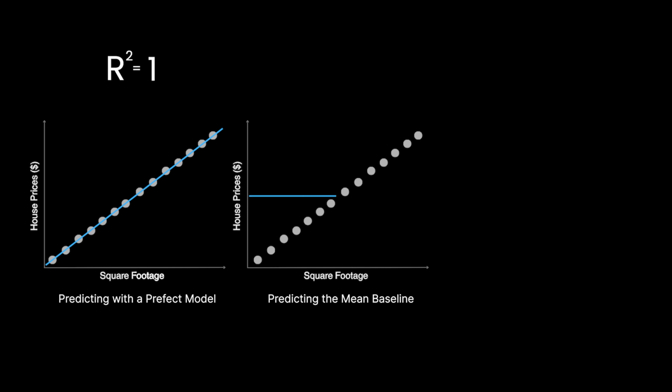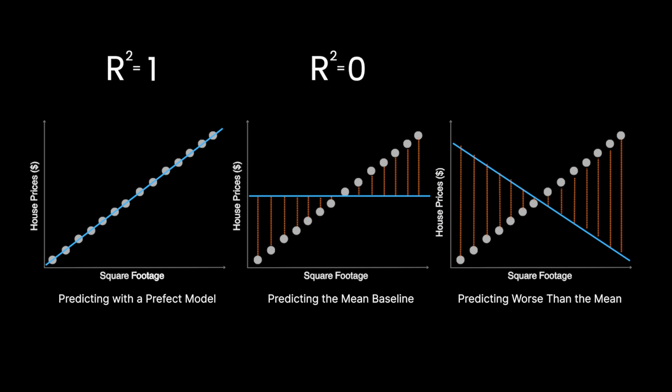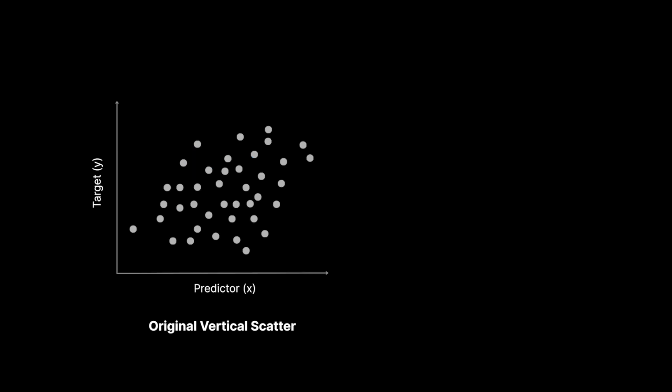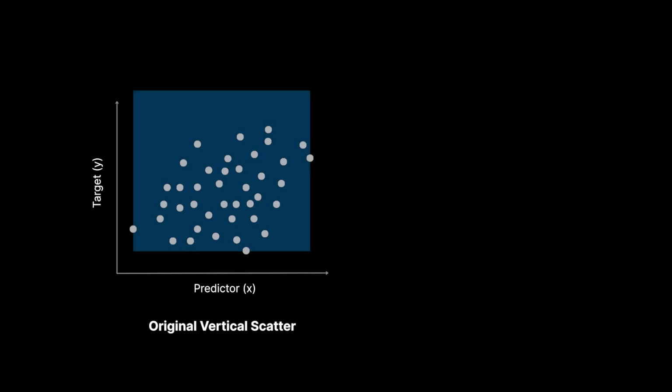If your model is perfect and it predicts all the values exactly right, then your R squared value is going to be equal to 1. If your model is no better than predicting the mean value, then your R squared value is equal to 0. And if your model is worse than predicting the mean, then it can have a negative value. It means you would be better off just guessing the average value for every single prediction. An intuitive way of thinking about R squared is that it captures the vertical scatter of your model.